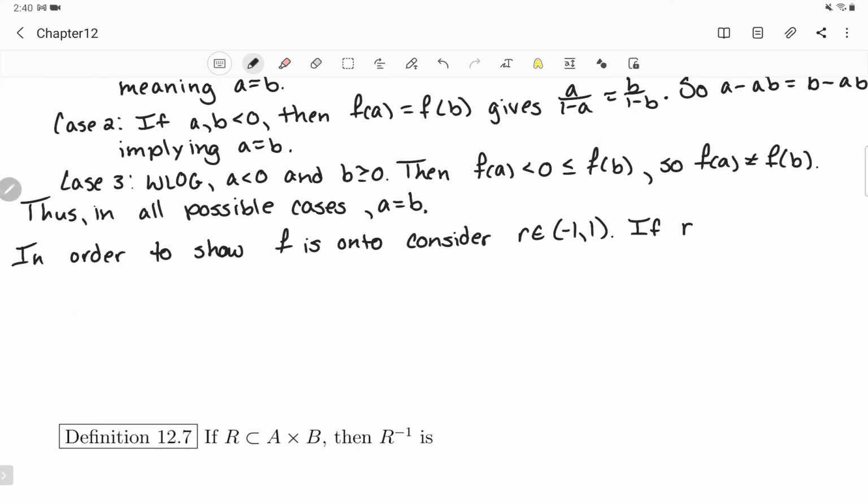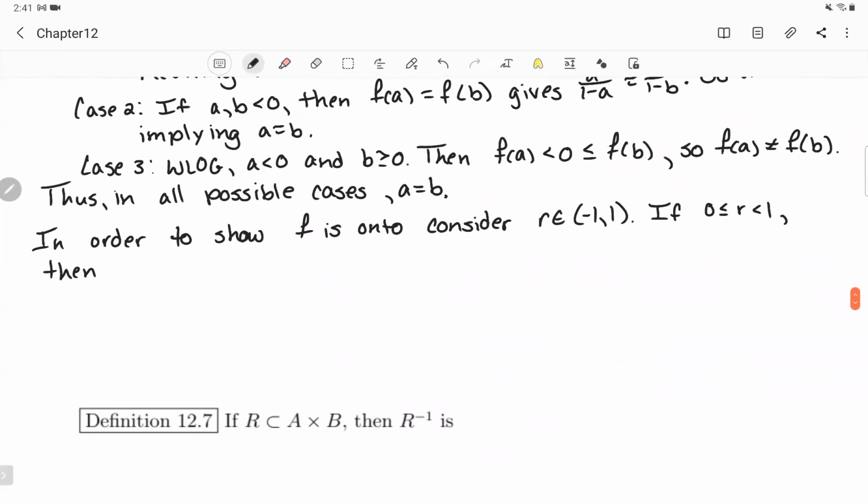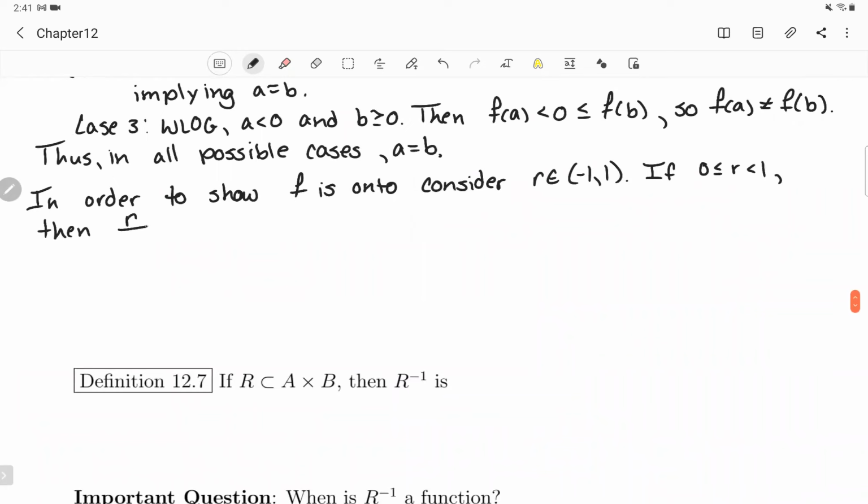If 0 is less than or equal to R, and R is less than 1, then, what did I use? I've got to go back to my scratch work. We used R over 1 minus R. Then R over 1 minus R is greater than or equal to 0, right? Because R is positive or 0. And so that denominator is also positive or 0 because R can't be bigger than 1.